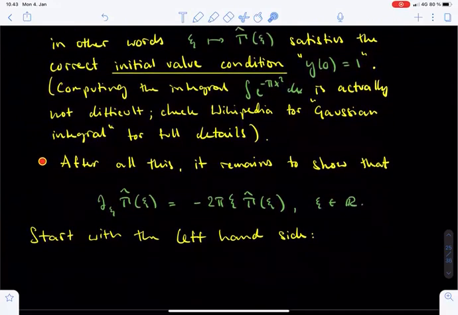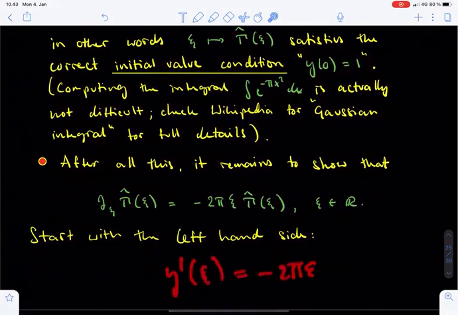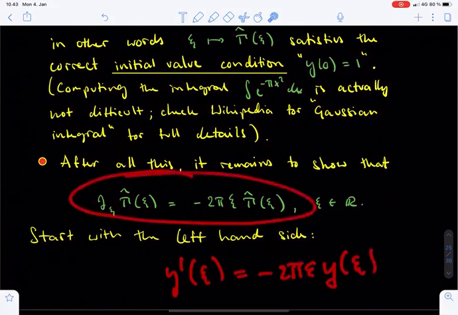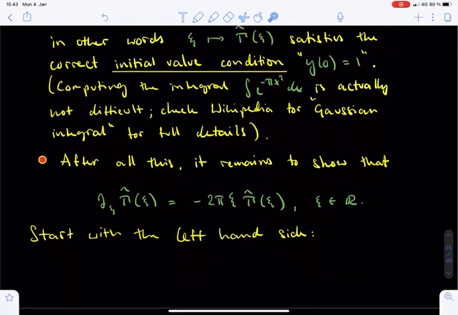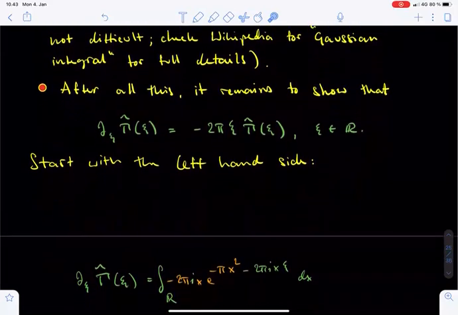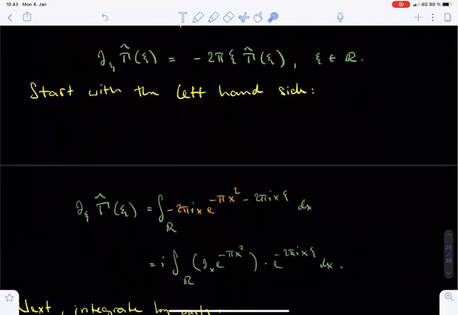What remains to be done is to check that the Fourier transform of the Gaussian satisfies the correct differential equation, namely that the xi derivative of hat gamma at xi equals minus 2 pi xi times hat gamma at xi. To prove this, we start with the left-hand side.